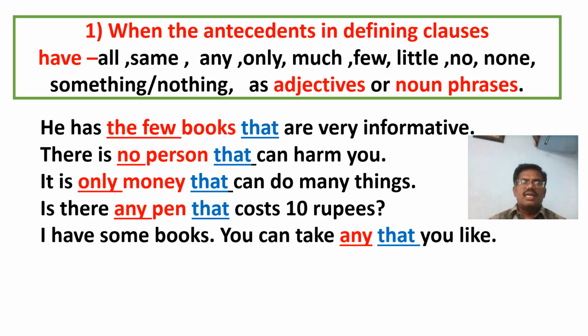In this way, if the antecedents in defining clauses have the words all, same, any, only, much, few, little, no, none, something, anything, nothing, like that, then we prefer that as a relative pronoun.